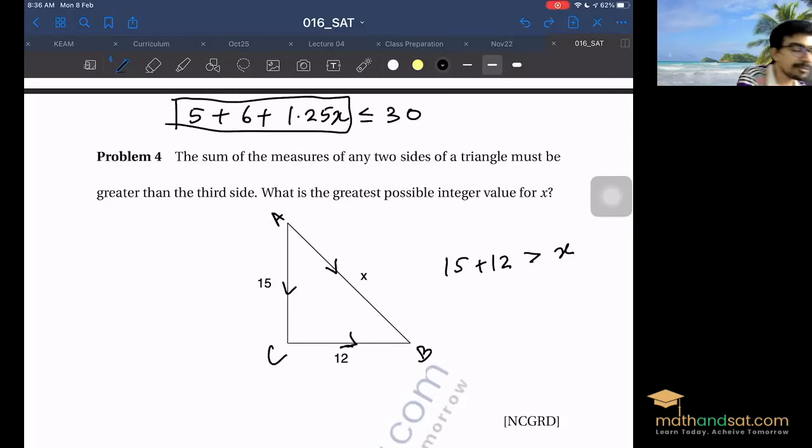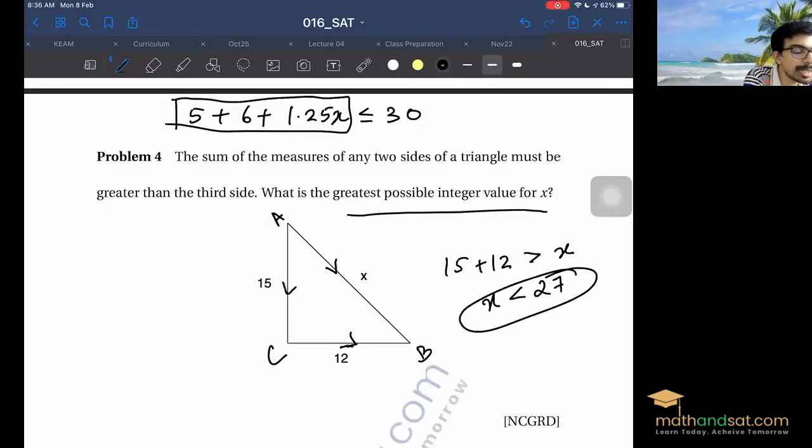So you have your x value less than 27. So what is the greatest possible integer value of x? It will be 26, right?